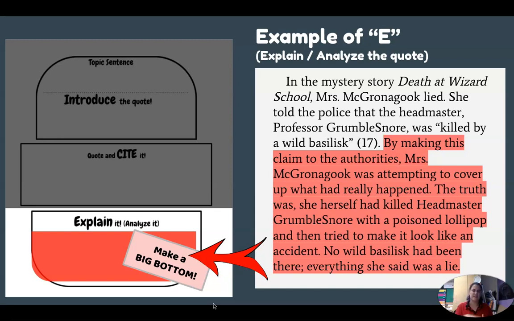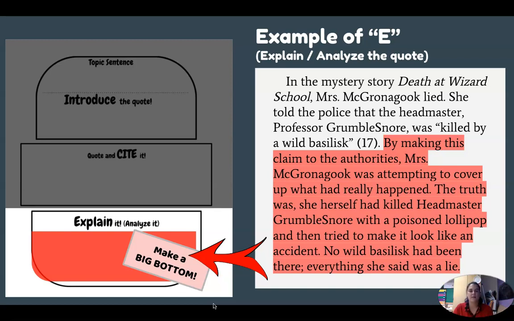Notice that this section is a lot bigger even though they only had one piece of evidence. So by making this claim to the authorities, Mrs. McGonagall was attempting to cover up what really happened. So now we know that she's lying. We know why she's lying. We're explaining what's going on in interpretation of this.